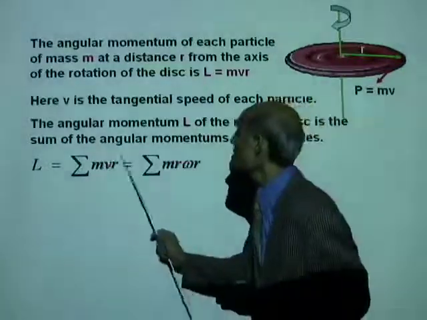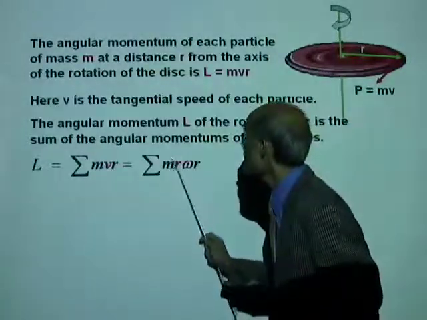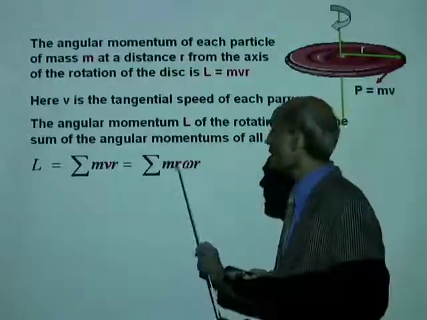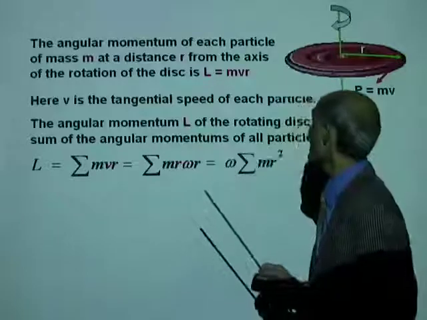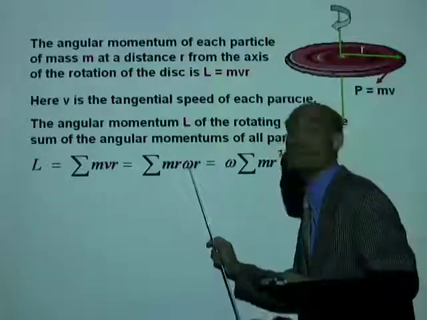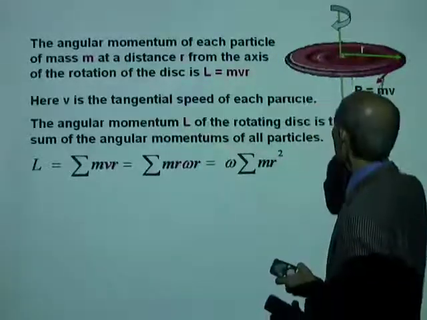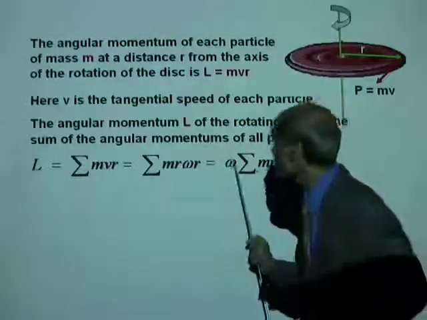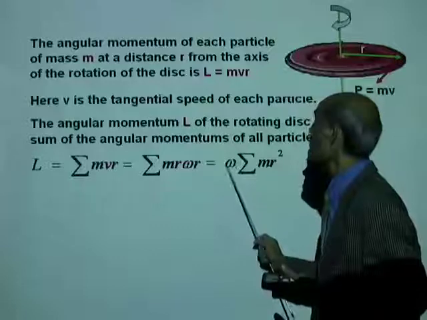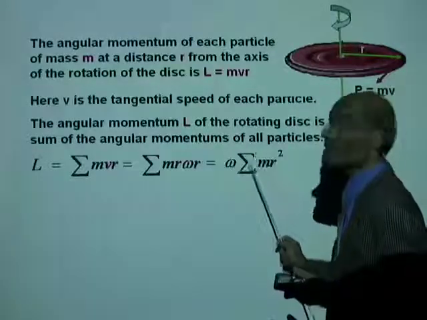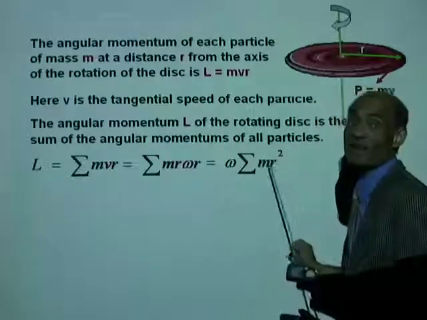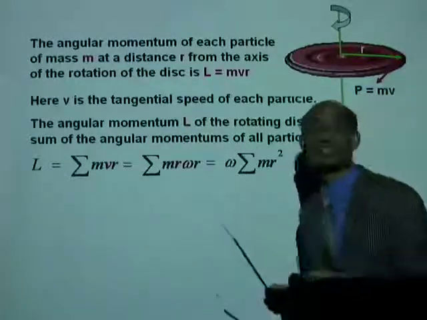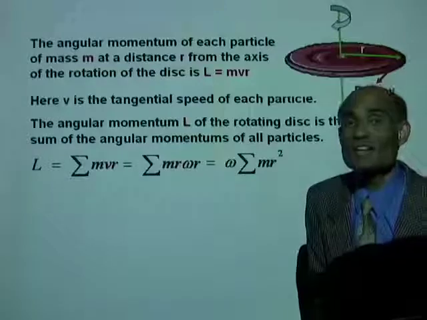So that will be summation m r omega times r, and r times r will be r squared, and omega is a constant for all particles on the disk. Omega is the same, so we take that omega out. That is equal to omega times summation m r squared. Now tell me, what does summation m r squared give you?